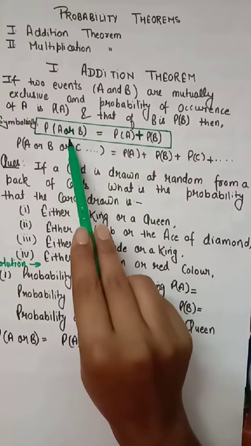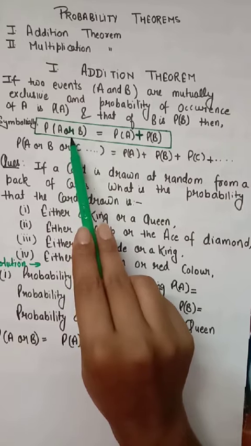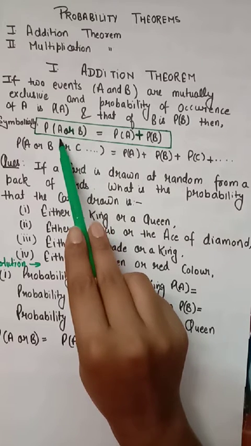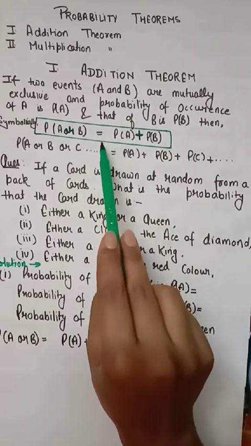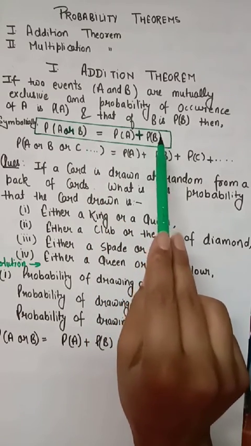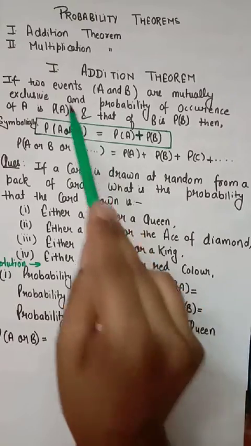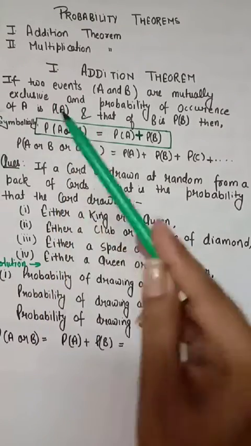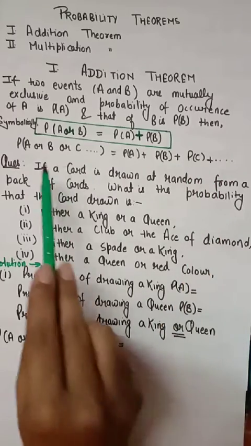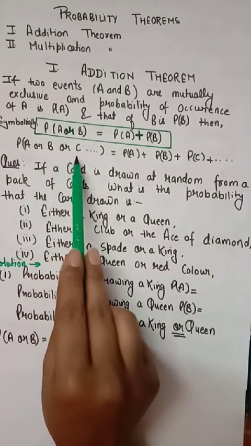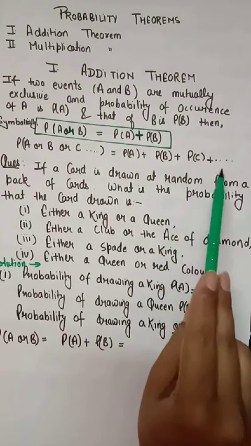That means if any question says probability of happening of one event or the other event, then you can solve this with the addition theorem itself. If there are more than two events, like A or B or C, you can also expand this theorem.